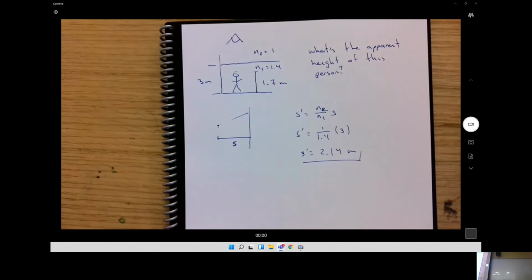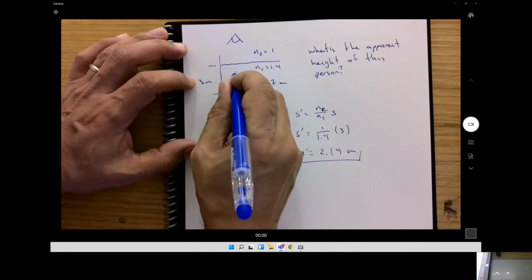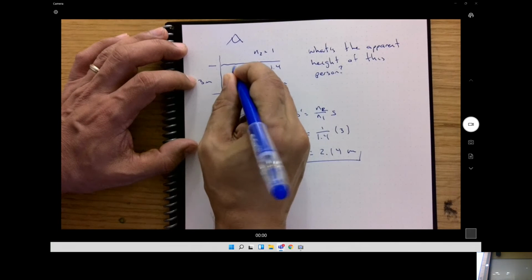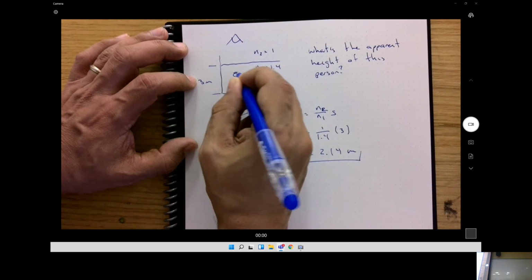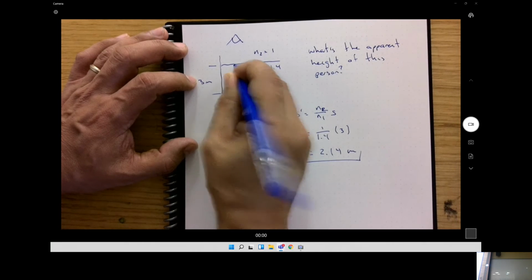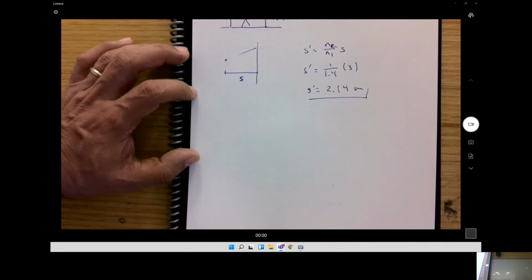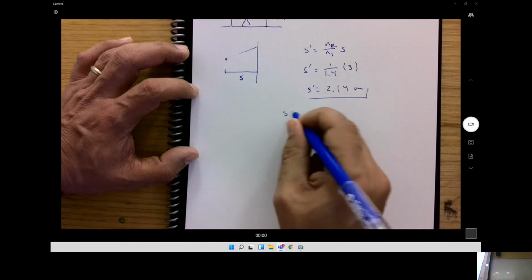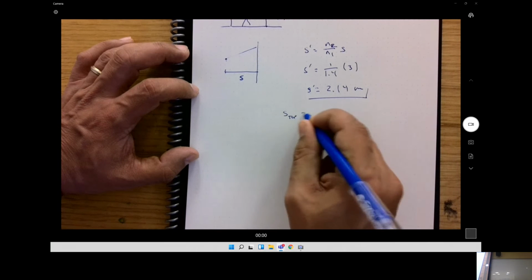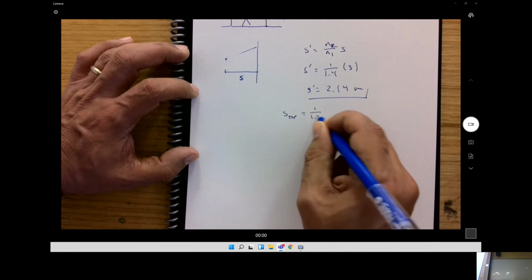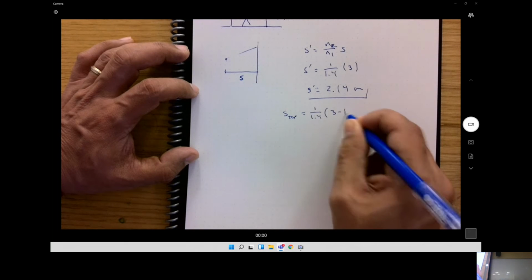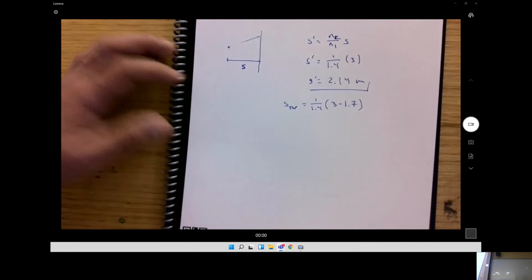To calculate the top of the person, it will be 3 meters minus 1.7. That will be the distance from the top of the head to the surface. So it will be 1 over 1.4 times (3 minus 1.7).